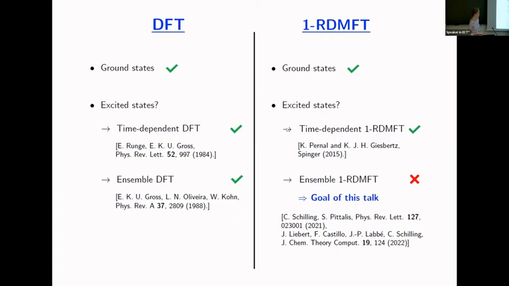For 1-RDMFT, people have also used time-dependent 1-RDMFT. However, we don't have such a mathematical or conceptual foundation as in time-dependent DFT through the Runge-Gross theorem, because one cannot simply generalize it to non-local potentials. And an ensemble 1-RDMFT to calculate excited state energies was missing in the literature. And that's exactly what I want to introduce today in this talk.